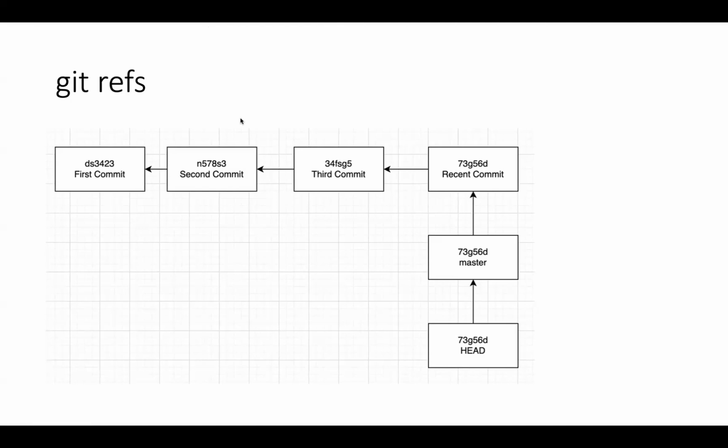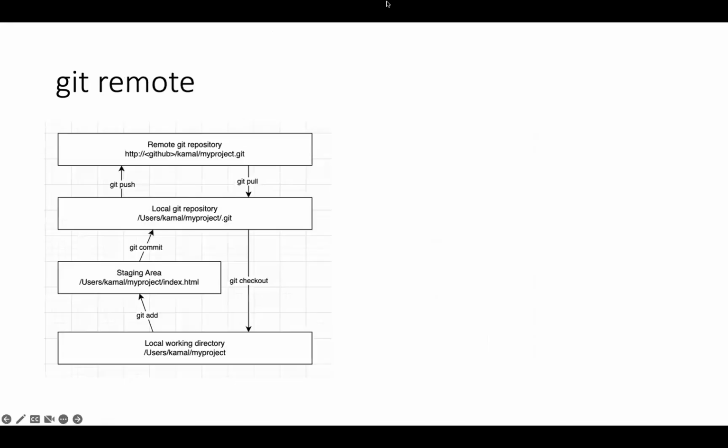You could see a master branch here has a pointer to the recent commit, with the same SHA ID as the recent commit. And there is also a special pointer called HEAD, which also has the SHA ID and points to the current branch. So if you check out a new branch, then HEAD will point to the new commit.